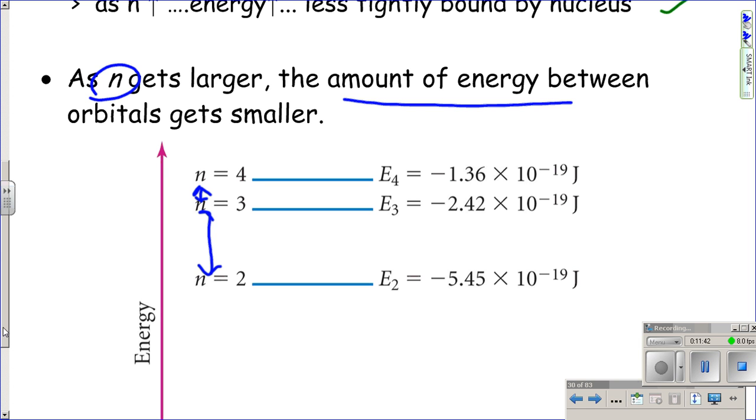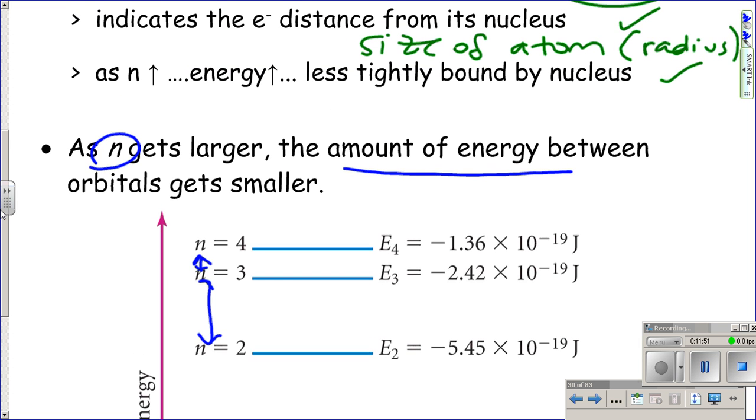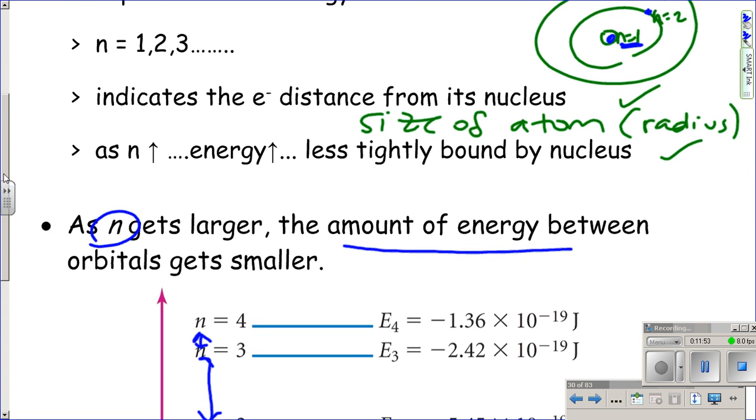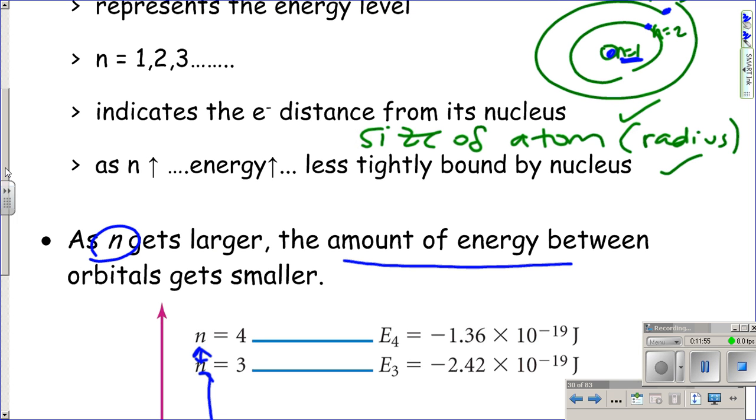Yes, ma'am. Does that have anything to do with shielding? Yes. So we're going to talk about that with the periodic table trends, but I'll go ahead and say that now. In this image here, the energy levels that are here and here are shielding, like a shield, the attraction of mom, the nucleus, to the electrons that are out here.